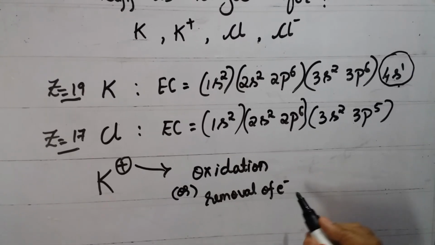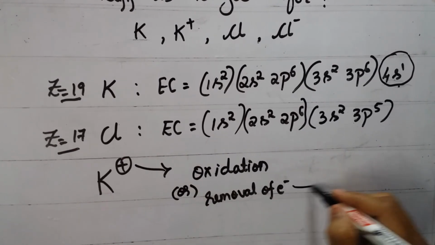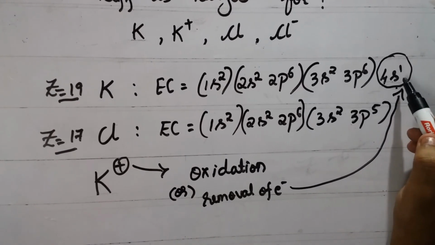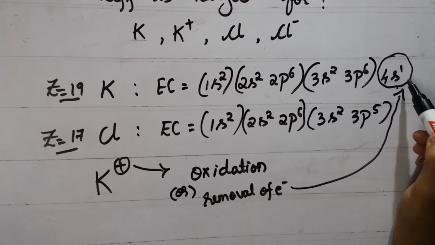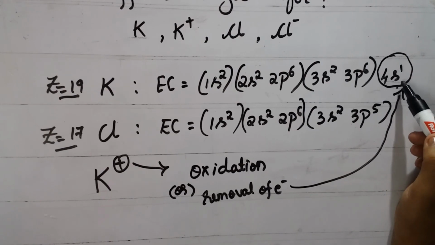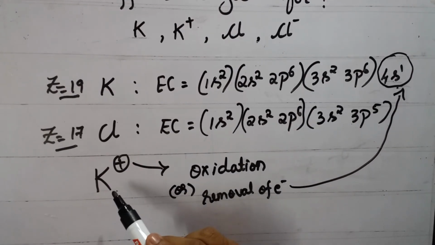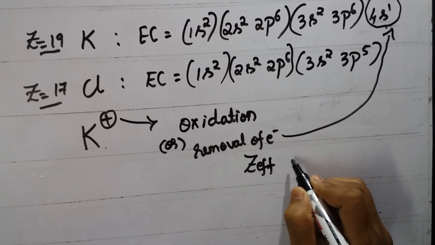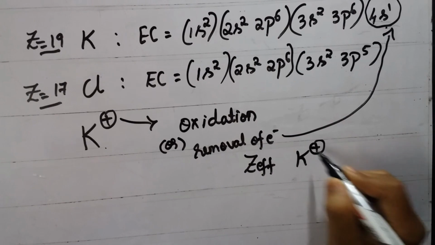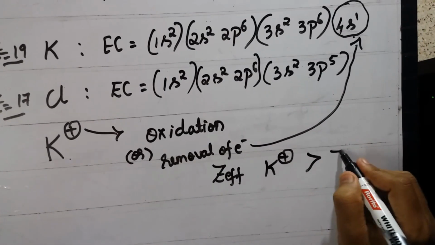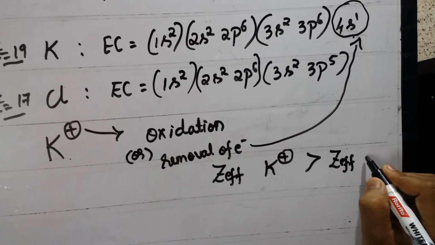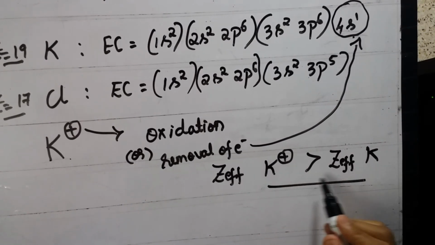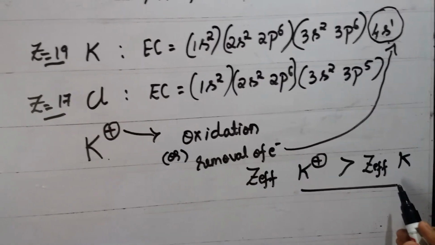Now the removal of one electron is taking place at the 4s subshell, hence the extra shell is getting removed, hence the effective nuclear charge of K plus ion increases. Hence we can say Z effective of K plus is greater than Z effective of potassium. The K plus ions have the greater Z effective than potassium.